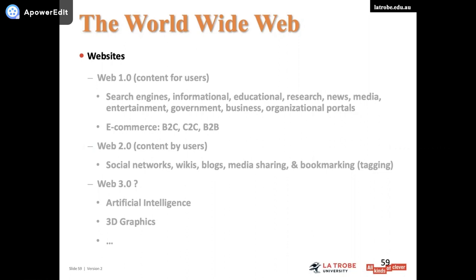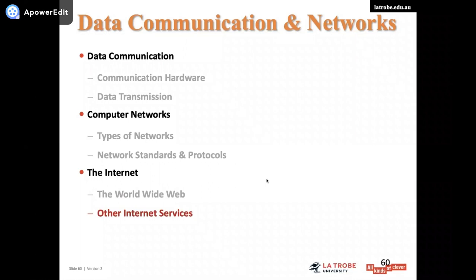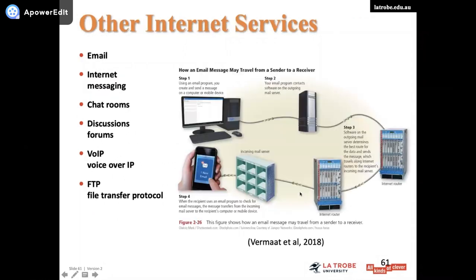Then there are internet services. As I mentioned, when you find your ISP, internet service provider, they may provide you some basic internet services, or there are many other internet services already online, such as email and internet messaging, chat rooms, discussion forums, and voice over IP, which we call VoIP, such as Skype, or FTP, file transfer protocol.